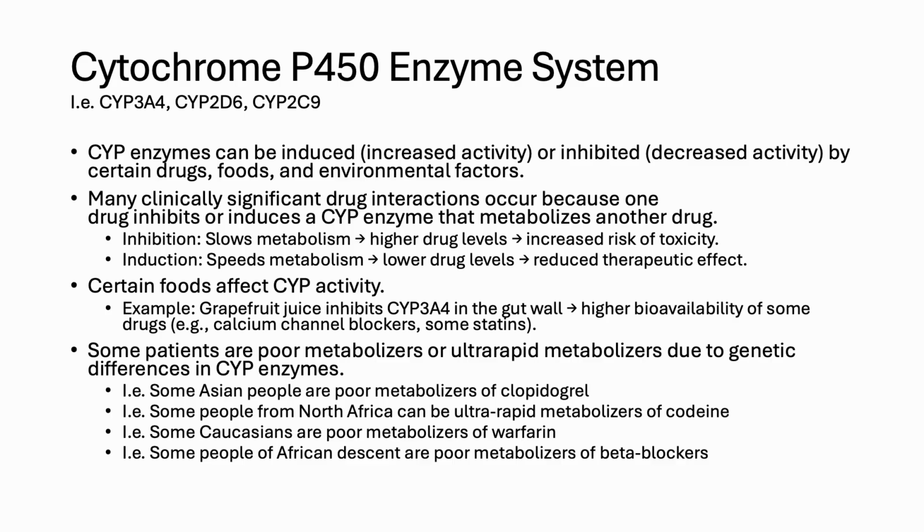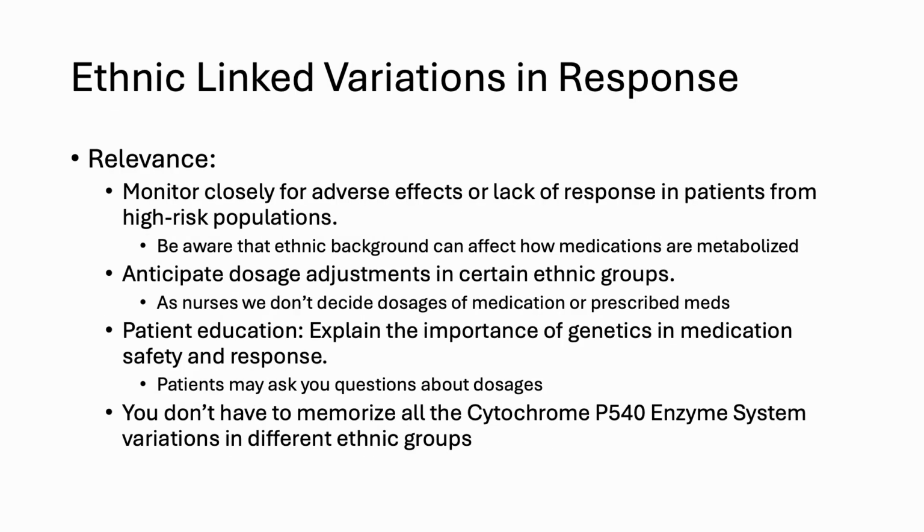And this explains why. Grapefruit juice inhibits one of the cytochrome P450 enzymes. So the drug is not being taken apart and made inactive because its enzyme has been inhibited. That means it's going to be more bioavailable, and that means you have an increased risk of toxicity.